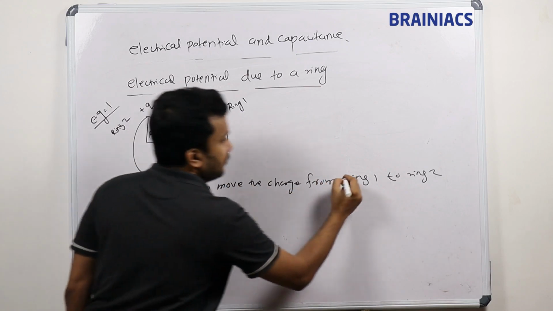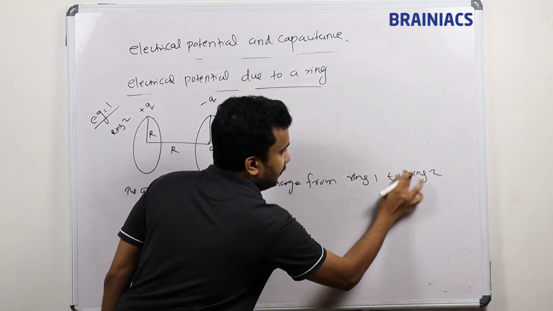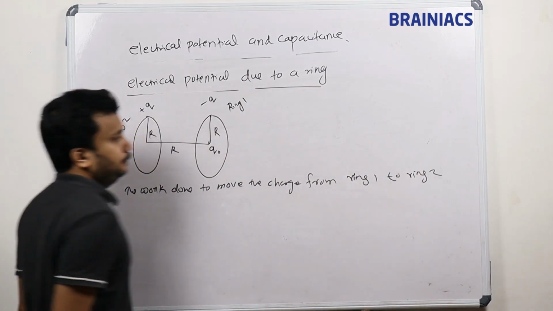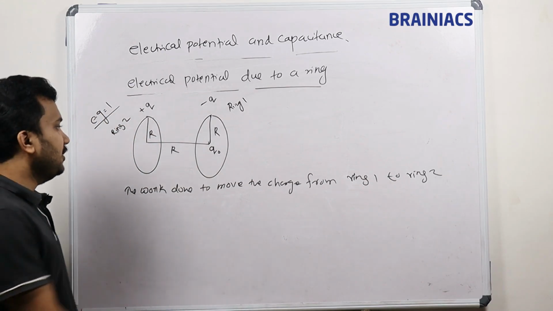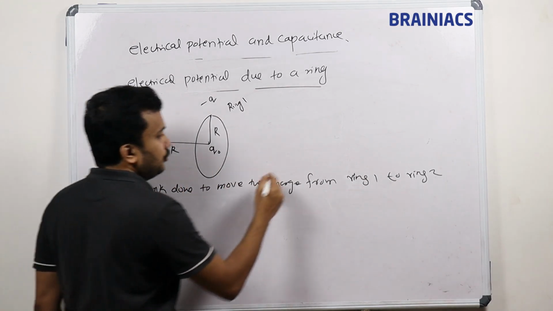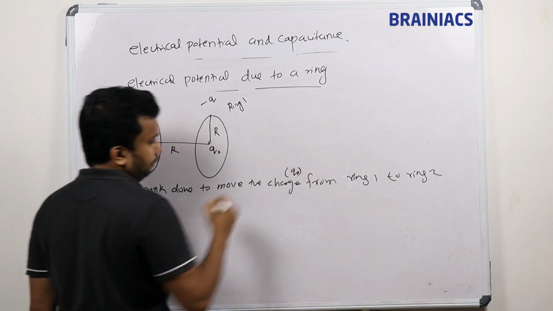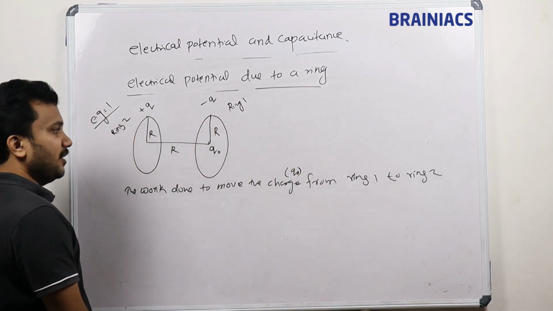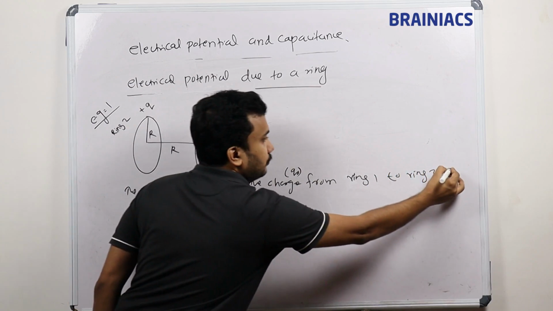To move a charge, I need to move a charge. Work done to move the charge, in bracket you can write q0, from ring 1 to ring 2.